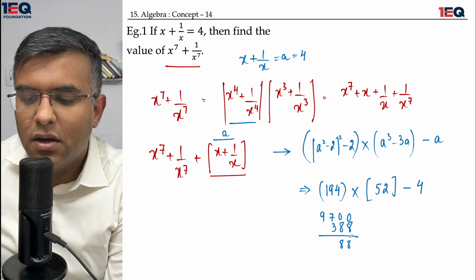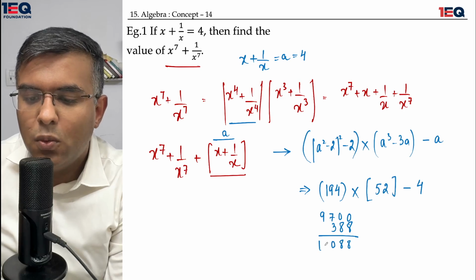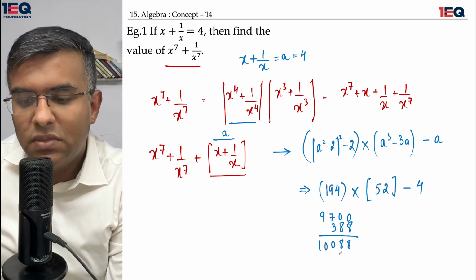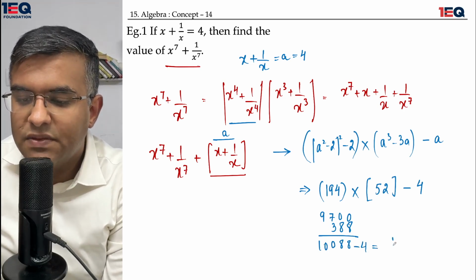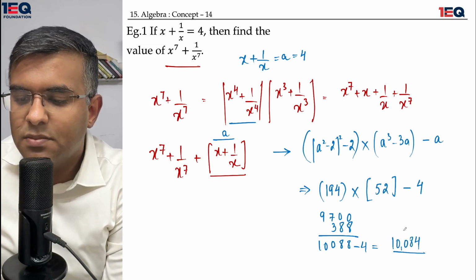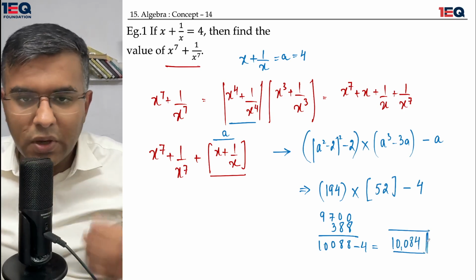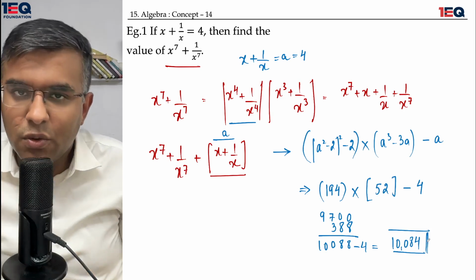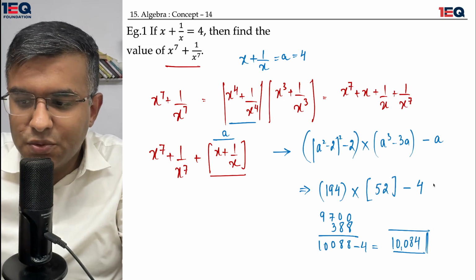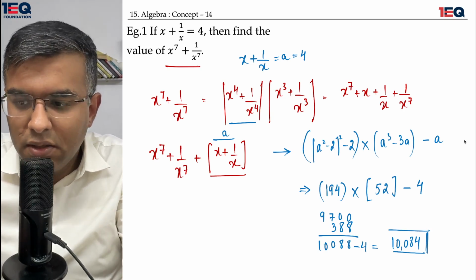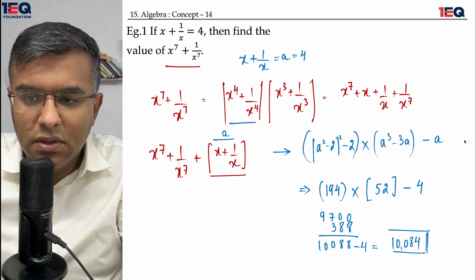I get 10,088 minus 4. This gives me 10,084 as my answer. Okay, so this is the answer that I was looking for. I hope everybody is happy with the solution. Let me move on.